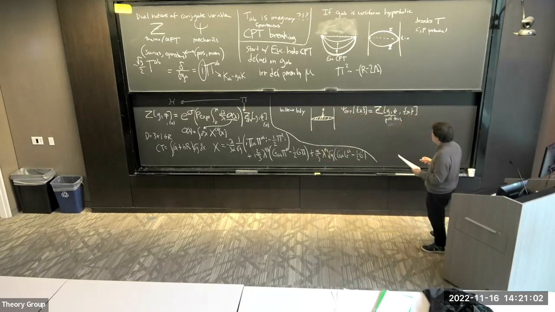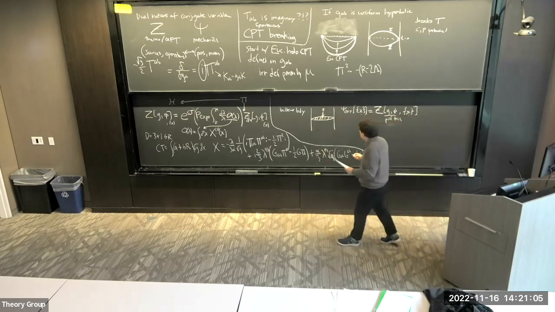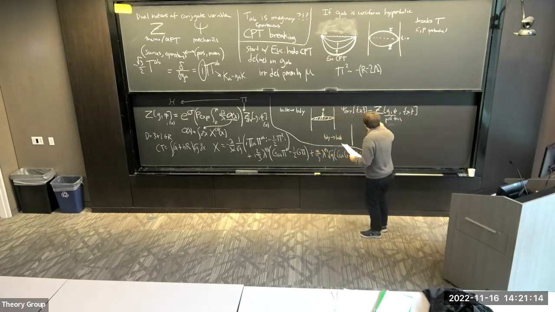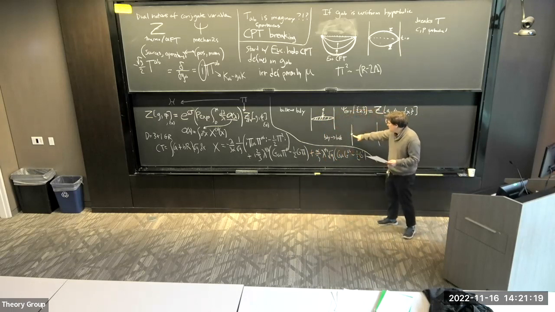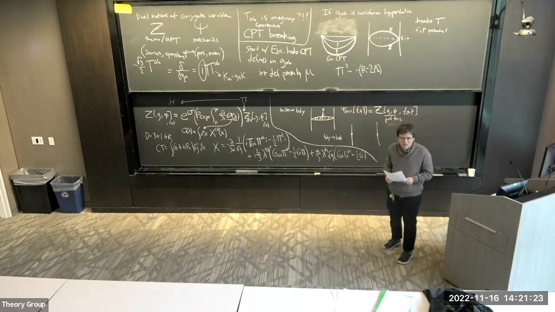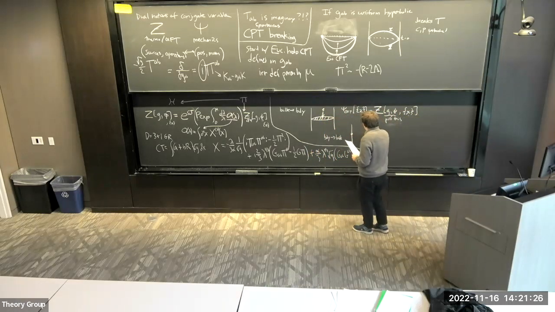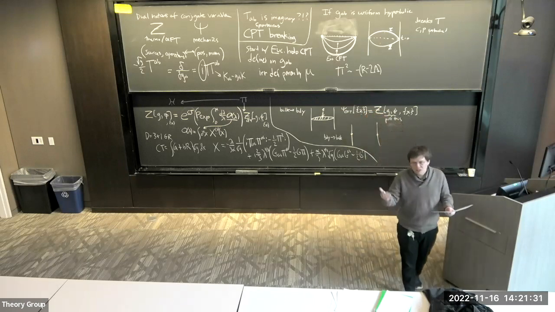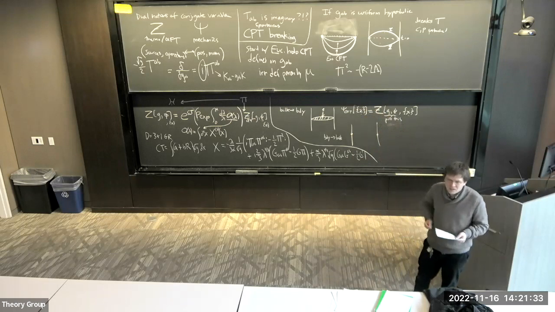On the other hand, there's also a boundary to bulk map. And that works a little bit differently because of the Hamiltonian constraint. If I specify some state on the boundary CFT here, it's unreasonable to think that this state will tell me what Cauchy slice I have in the interior, because GR is a theory where time translation is a gauge symmetry, except on the boundary.